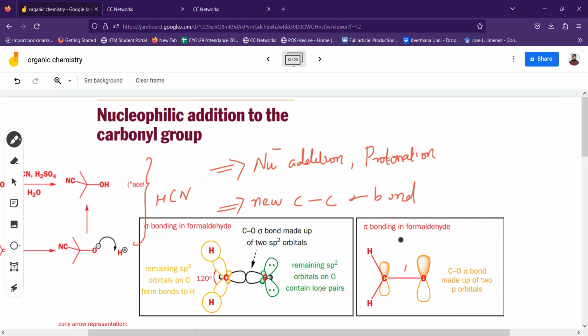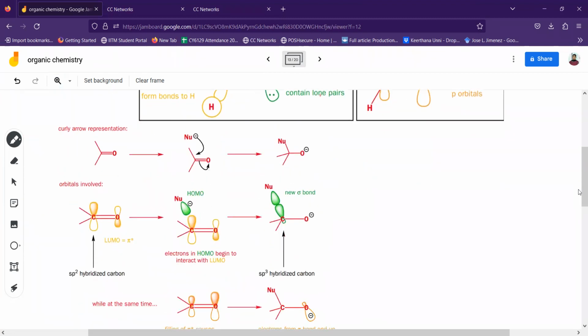And this is the pi bonding in formaldehyde, the C-O pi bond made up of two p orbitals. So in C double bond O, the pi bond is formed between two p orbitals. Now we are considering how this reaction is happening.